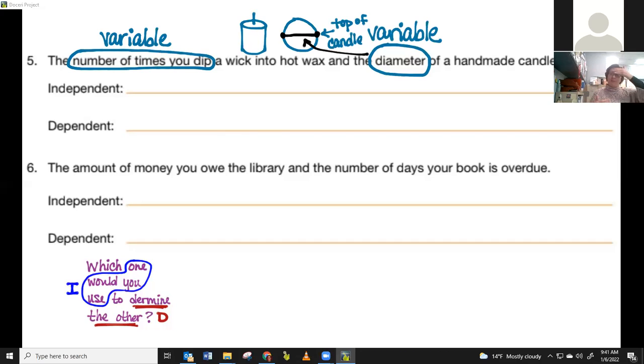That might be another way to think of it. I'm going to relaunch the poll, and I want you guys to vote on the number of times you dipped. Do you think that's independent, dependent, or you can't tell? Which one would you use to determine the other? Or you can think of it as cause and effect. Which one causes the other?